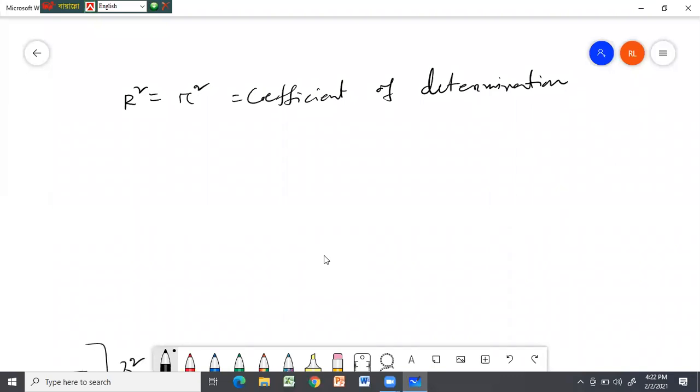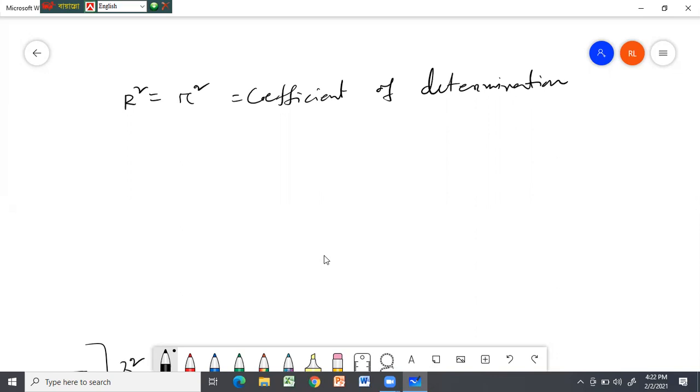It will actually give you a clue how close your sample regression function or SRF, your estimated regression function, will be to the population regression function, how well or how badly it will fit.